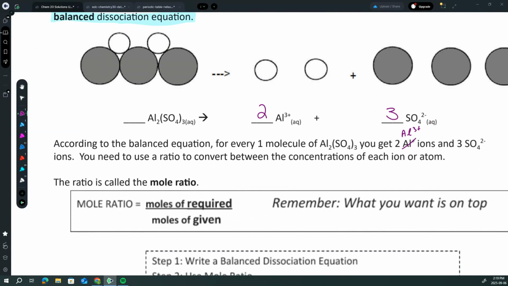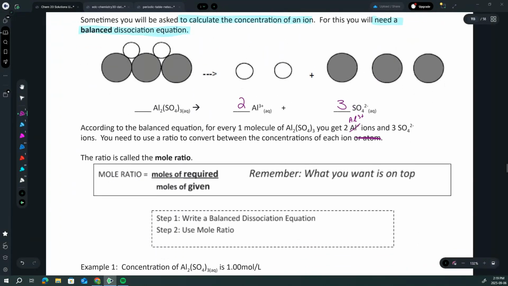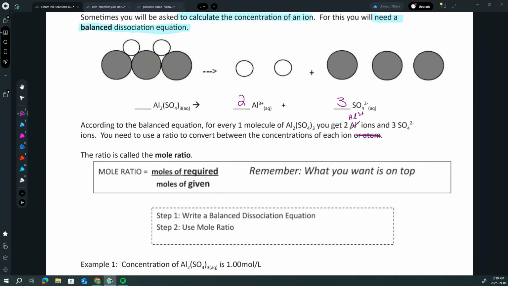So you're going to need to use a ratio, like the mole ratio, to convert between the concentrations of each ion. Alright, so the ratio is going to be called the mole ratio, which we've talked about briefly before. Now this is just a slightly different way to represent the mole ratio.